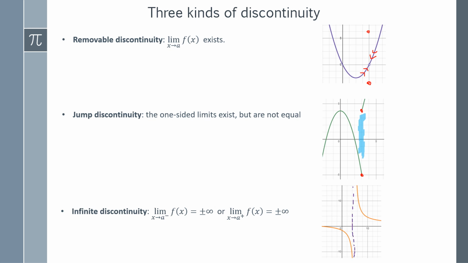At this point, what do we say? The function is not defined. So really, that's your first condition that's not satisfied. As far as the behavior goes, we have asymptotic behavior of a function around a vertical asymptote. As far as the limits go, what does that mean? Either positive or negative infinity. And that's why we say this is infinite discontinuity. So these are the three types of discontinuities that we will consider in our class.